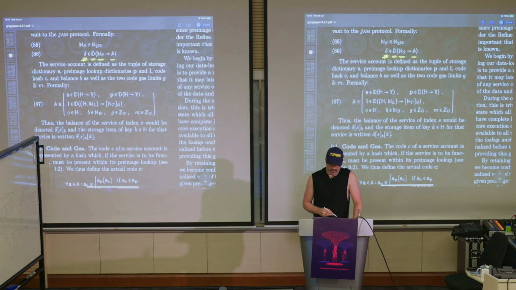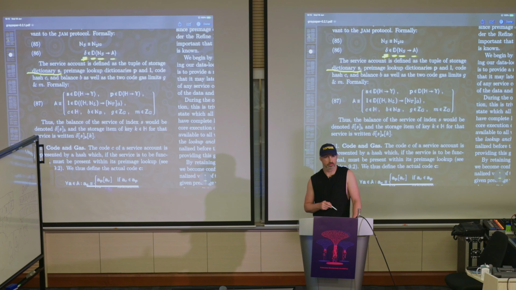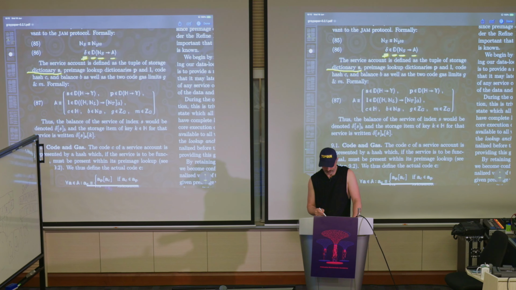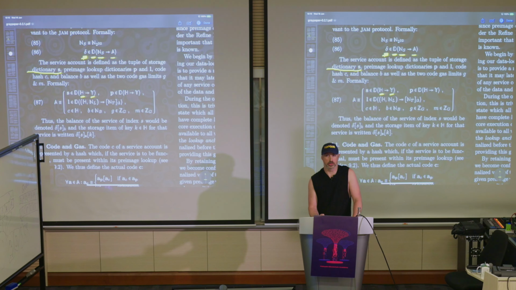A service account is a few things that, if you're familiar with smart contract chains, you'll already be familiar with. It's a tuple of storage dictionary S. This is a key-value pair, the service's storage, mapping keys to values. In our case, S maps hashes, 32-byte keys, to blobs, arbitrary sized values.